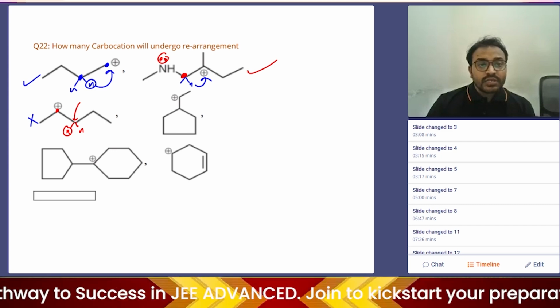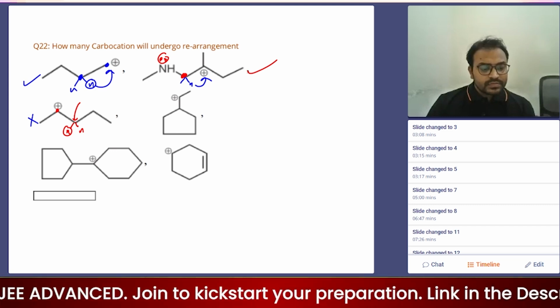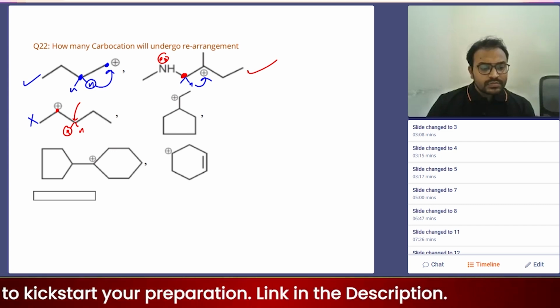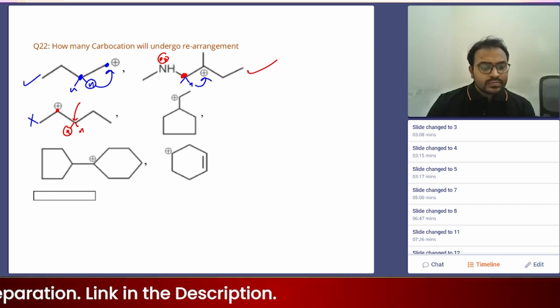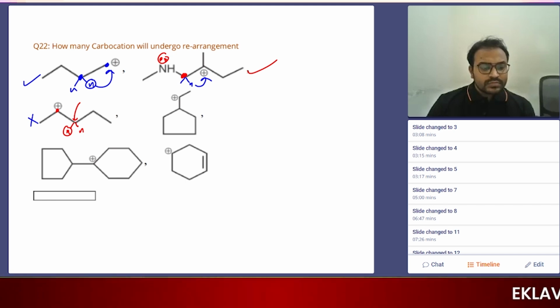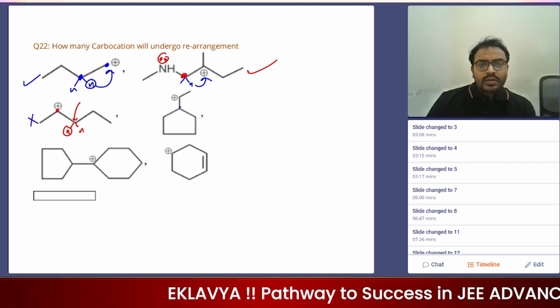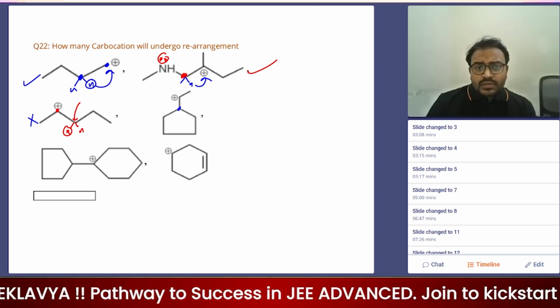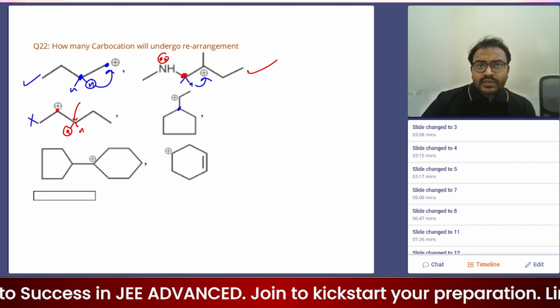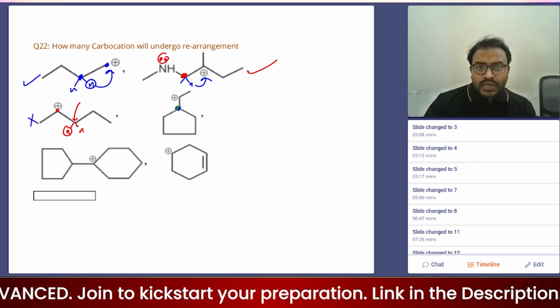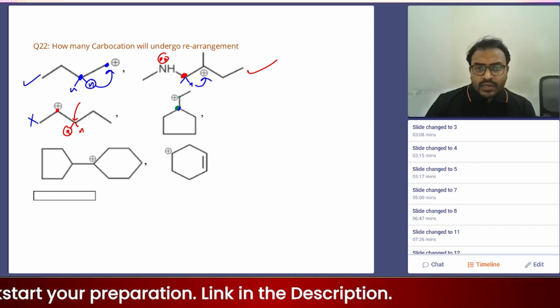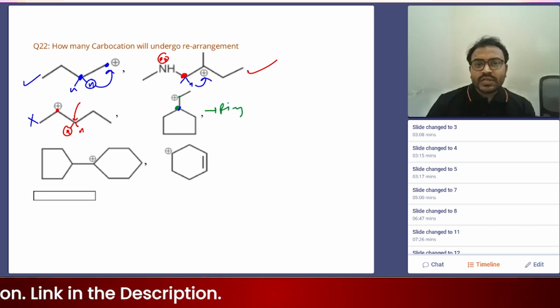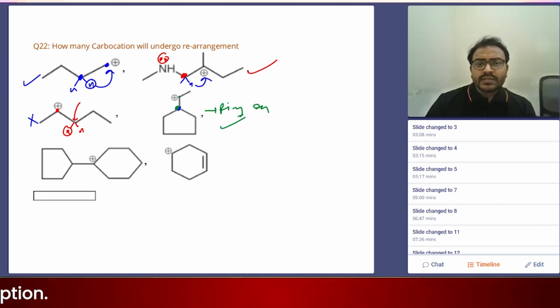Now next one is... so there is a ring present, right? With respect to this 5-membered ring, the next carbon has a positive charge, so ring expansion can take place here.